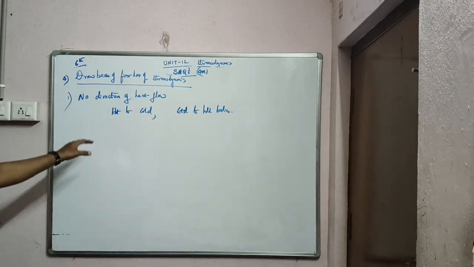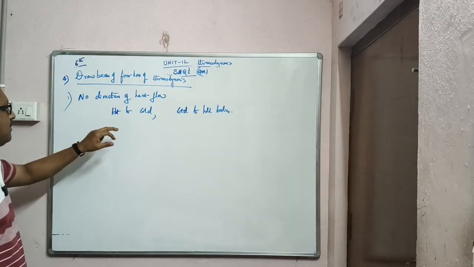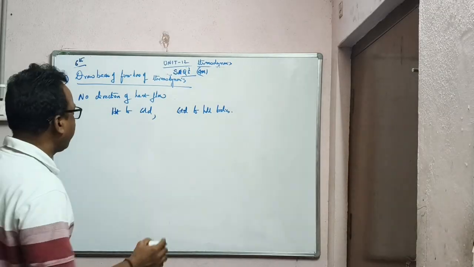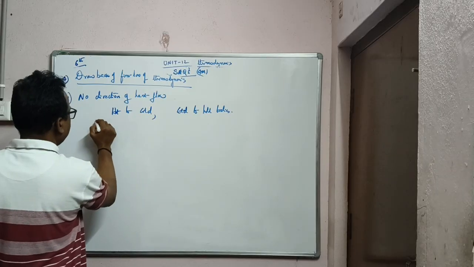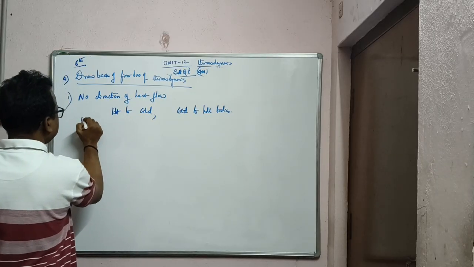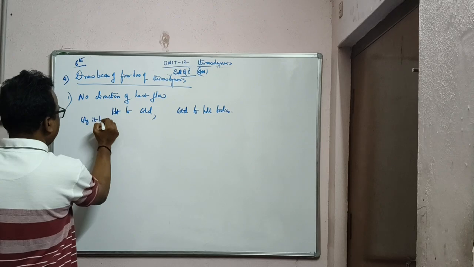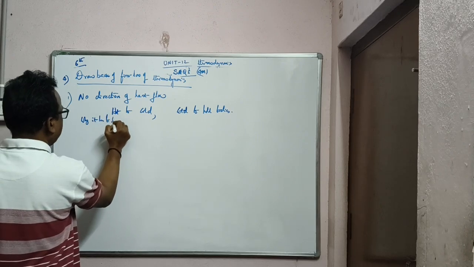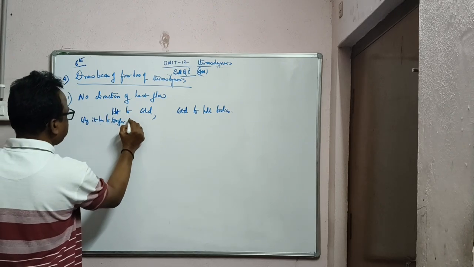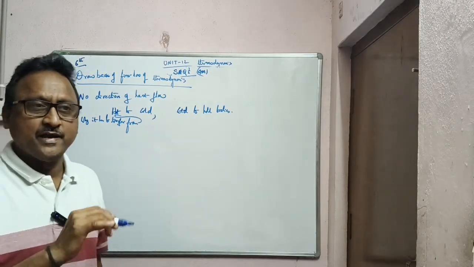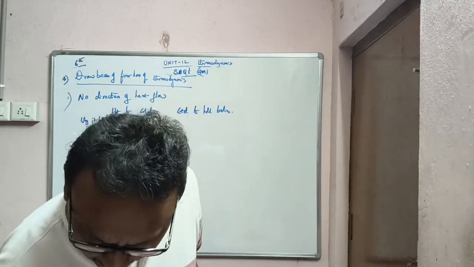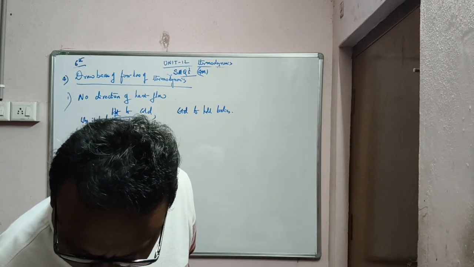So first of all, there is no direction of heat flow, and it could not clearly explain why heat has to transfer from hot to cold, and why not cold to hot. That is one thing it could not explain.